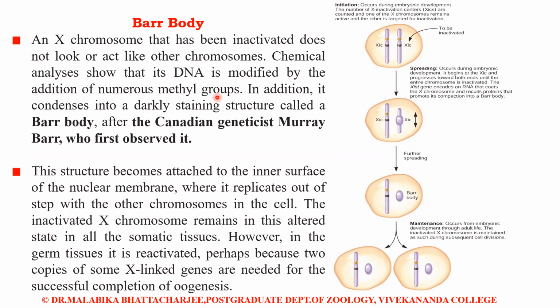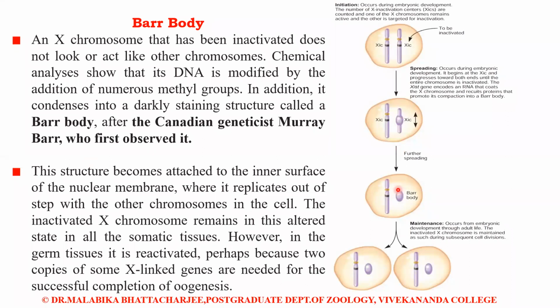So there is DNA modification occurring there, addition of methyl groups, removal of acetyl groups. So this actually heterochromatinizes the structure, and it becomes a darkly staining structure called the Barr body, name given after Murray Barr. As you can see, heterochromatinization occurs, I showed you in detail, and we get the Barr body.